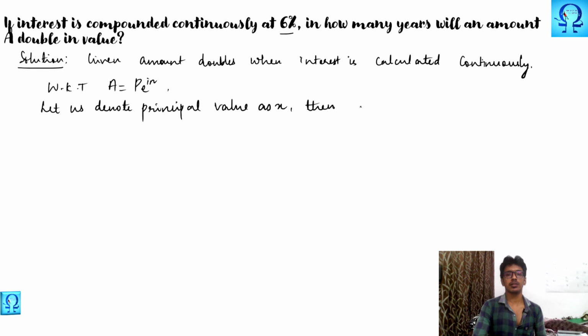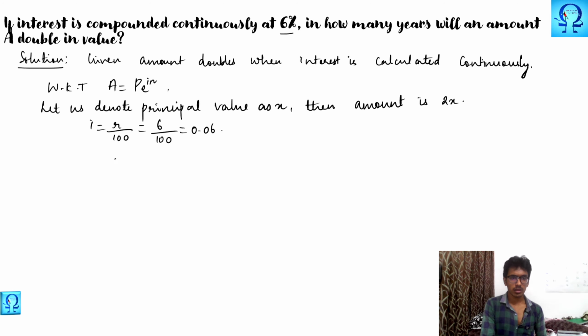Then the amount is 2x. Okay, what is I here? I is R upon 100. R is 6%, so it is going to be 0.06. So A is 2x, P is x, e power 0.06 times n. We need to find out this n value. x and x get cancelled, so we are left with e power 0.06 n equal to 2.